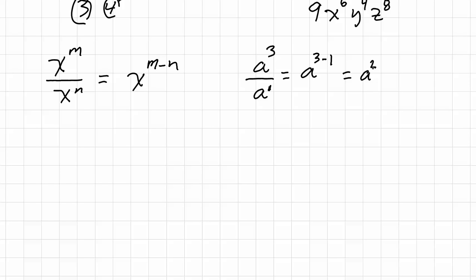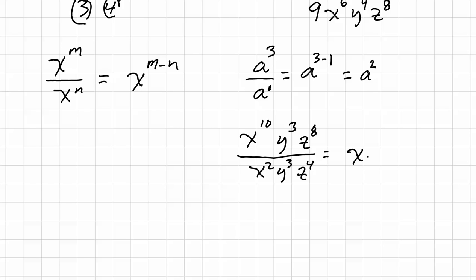We subtract. If we had x to the 10th, y to the 3rd, z to the 8th, all over x squared, y cubed, z to the 4th, we're going to subtract these, so the x becomes x to the 10 minus 2, which is 8.